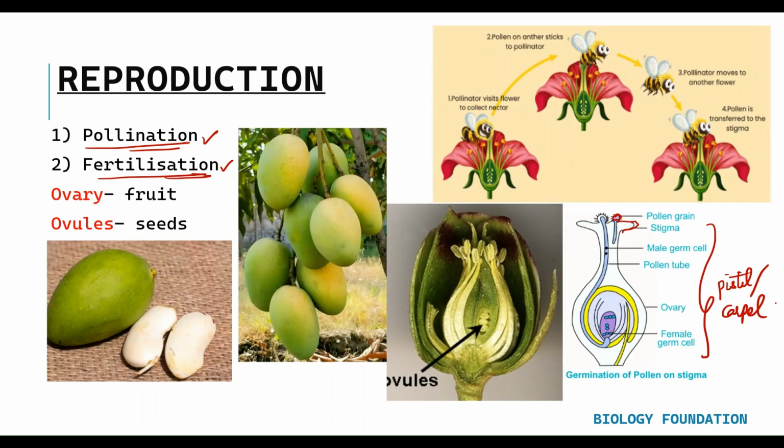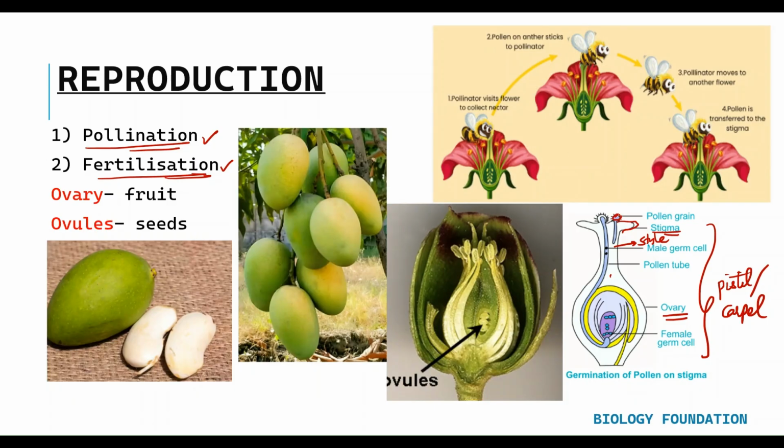We know that pistil or carpel is the female reproductive part of a flower consisting of ovary, style, and stigma, right? So basically, for example, if the pollen grain of a hibiscus flower falls on the stigma of a hibiscus flower belonging to another plant, but both are hibiscus species, right? So there is successful pollination.